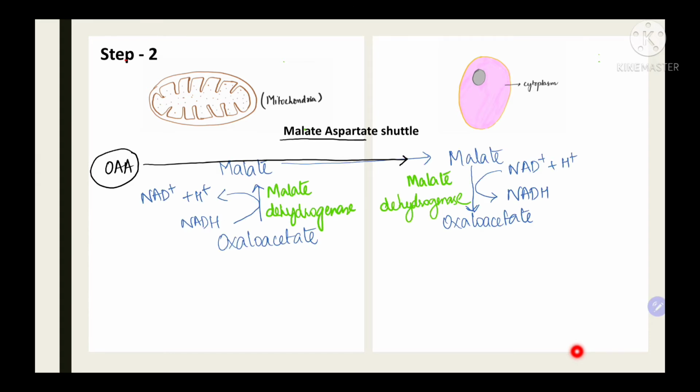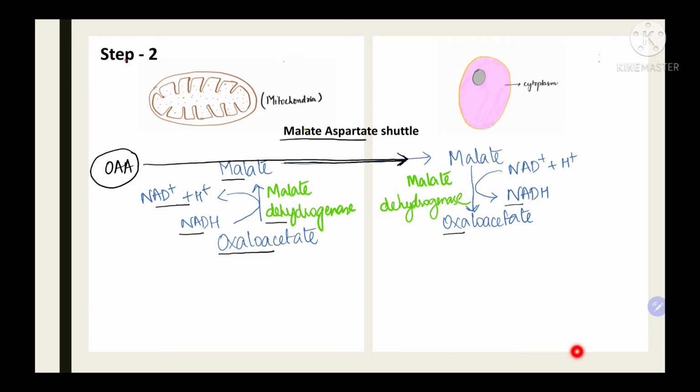In mitochondria the oxaloacetate gets converted into malate in the presence of the enzyme malate dehydrogenase. Here one molecule of NADH is getting oxidized to one molecule of NAD plus and H plus. Now this malate crosses the mitochondrial membrane and reaches the cytoplasm where it gets converted into oxaloacetate again in the presence of malate dehydrogenase. Here one molecule of NAD plus is getting reduced to NADH.